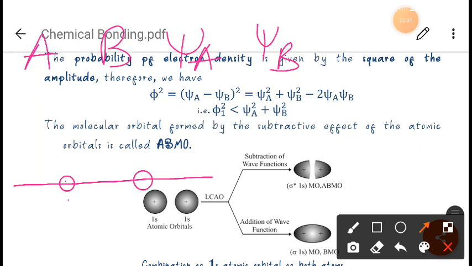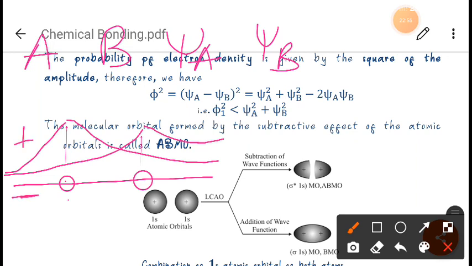Let me take the line here. It may be represented like this. It will go here, and one will start from here and go here, right? So this is plus and this is minus, so it can be represented like this.